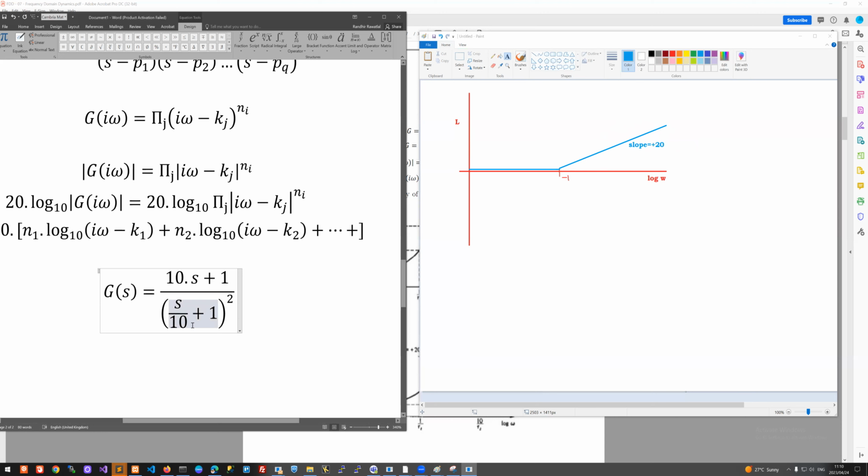So the crossover frequency here is going to be at 10, right? Omega equals 10. So if omega is 10, then this is a 1. So the other one to draw is here, and the crossover is at a 1. Let's take another color.